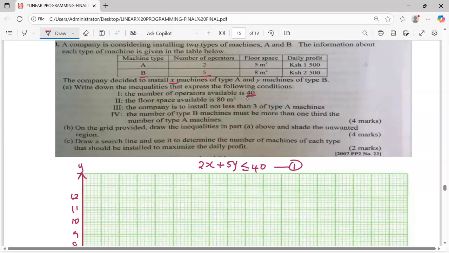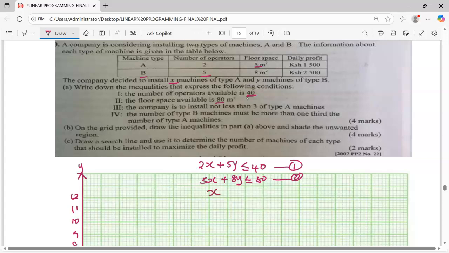Second, the floor space available is 80 meters square, and therefore we are going to have 5X, that is the floor space multiplied by the number of machines, then 8Y, and this is less than or equal to 80, because that is the total floor area available. This becomes the second inequality. We are also told that the company is to install not less than 3 type A machines.